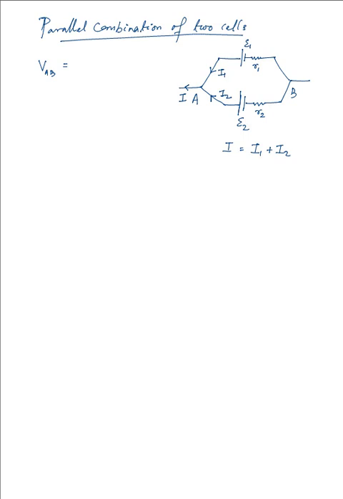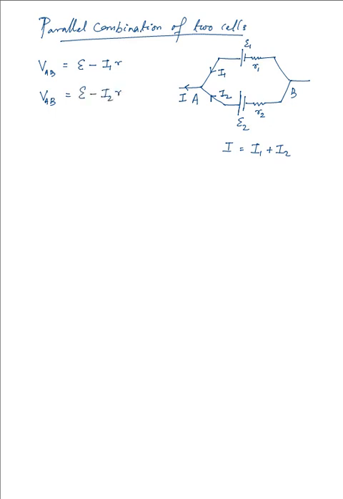For the top wire, we have VAB equal to E minus I1 times R, and for the bottom one we have VAB, because the potential is going to be the same in parallel combination, equal to E minus I2 R.